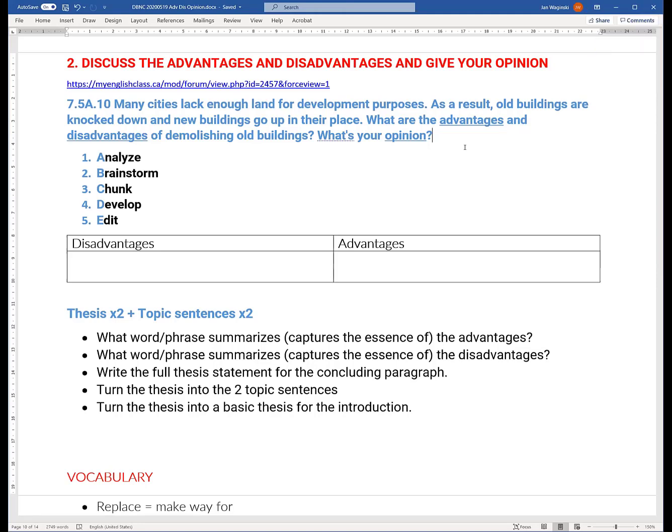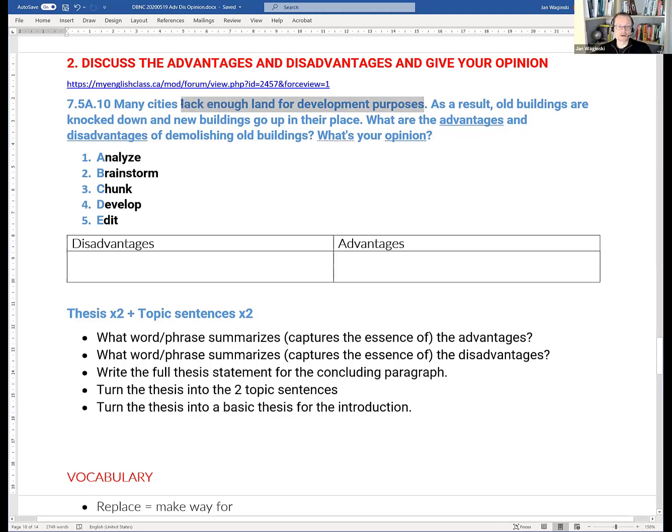And what is the cause of this phenomenon? But the question, second part, what are the advantages and disadvantages of demolishing old buildings? Yes, but we need to do this because there's not enough land. Because we lack land for development purposes.